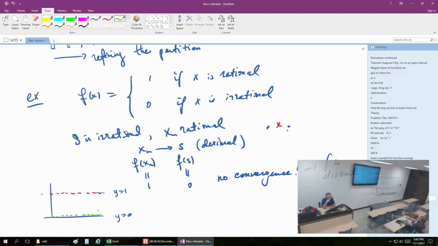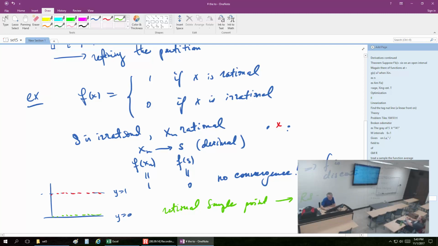So you can try to build a Riemann sum. You can build a sequence of Riemann sums where each of them is equal to 1, the integral from 0 to 1, if you choose the rational sample points of your partition.